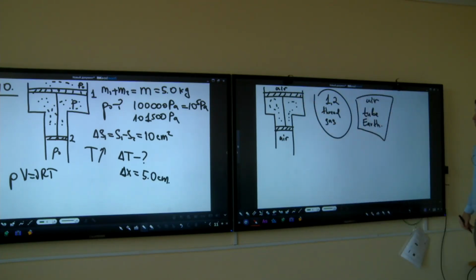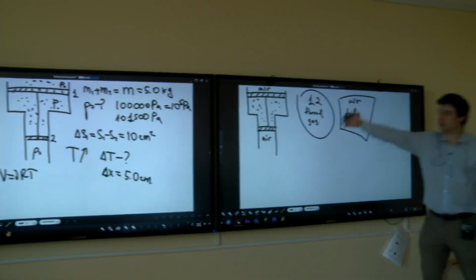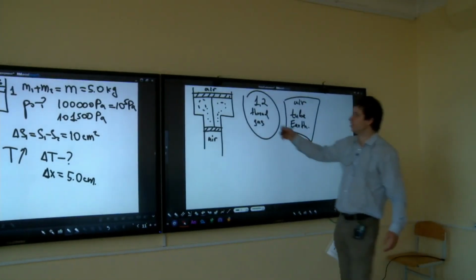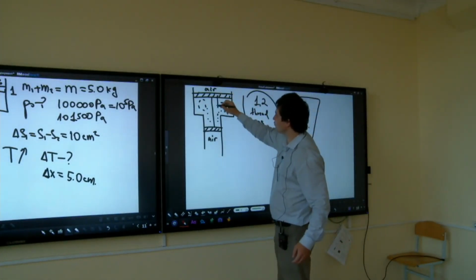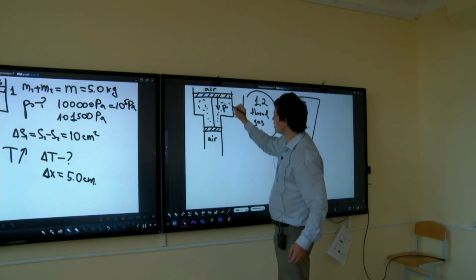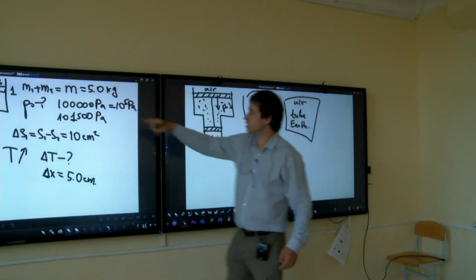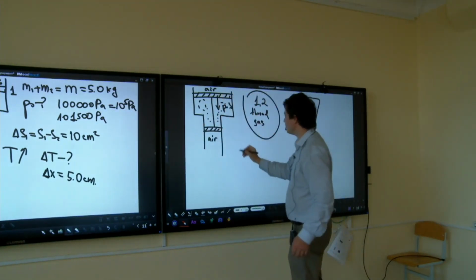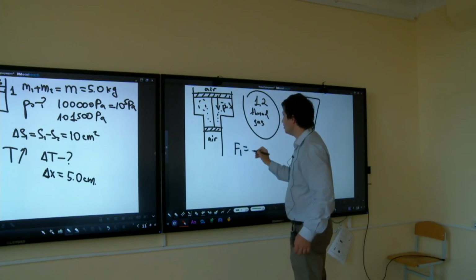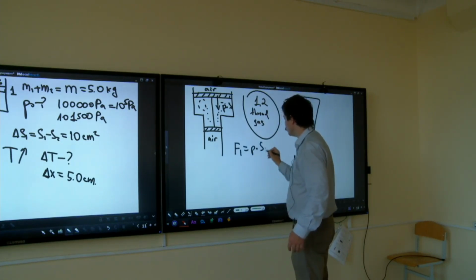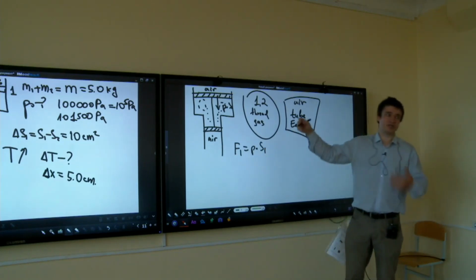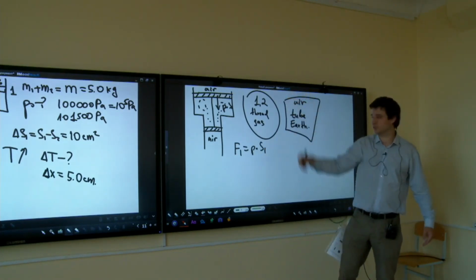Okay, so let's consider the forces which act from all parts of this environment onto our system. From air above, I have the force which is P0 times S1. Yes, S1 is the cross-sectional area. Okay, F1 is P0 S1, where S1 is a cross-sectional area of the top piston.